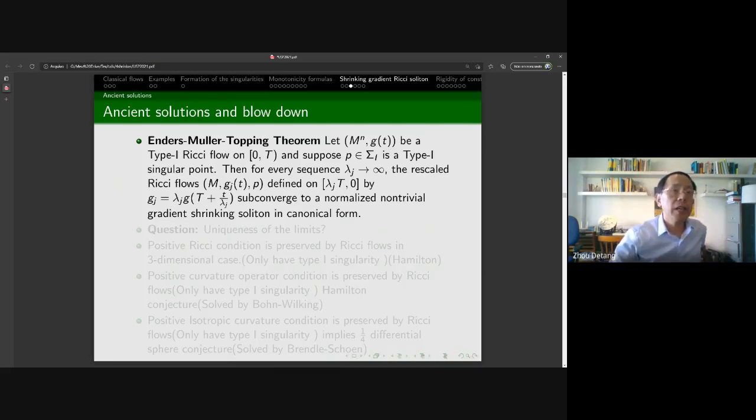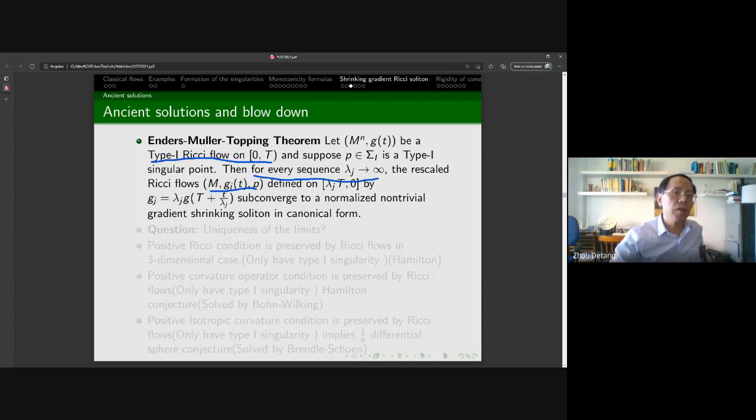In 2010, Enders, Müller, and Topping proved that if you have a type 1 Ricci flow on this maximal interval, so if you take a point near the singularity, then for any sequence you just take a rescaling of the Ricci flow.